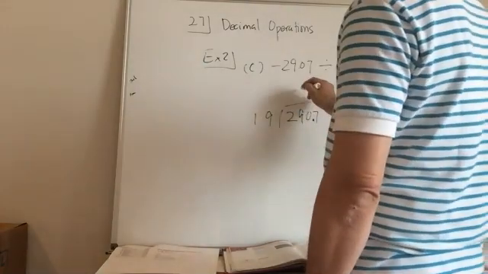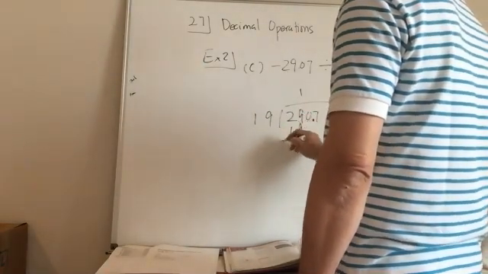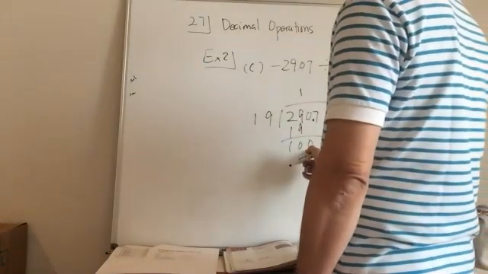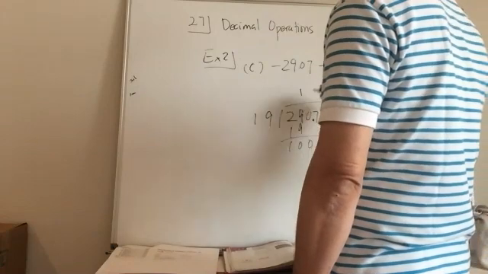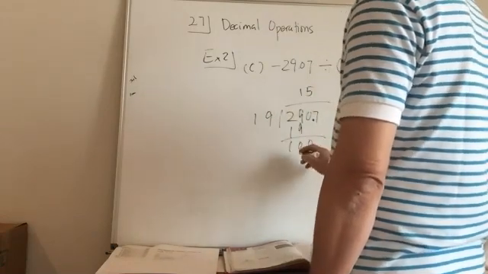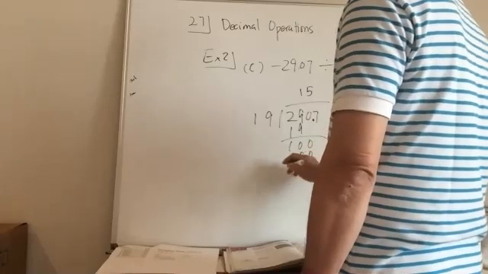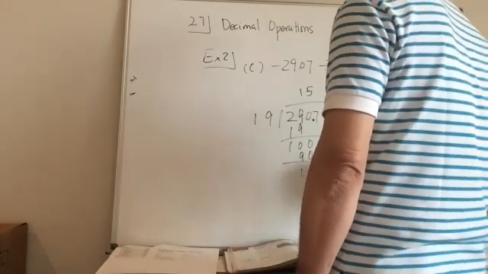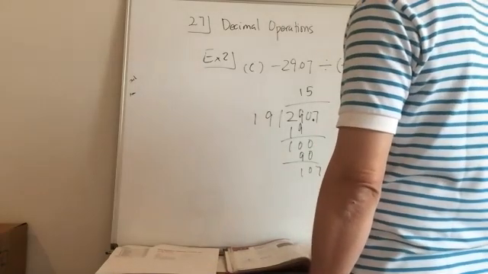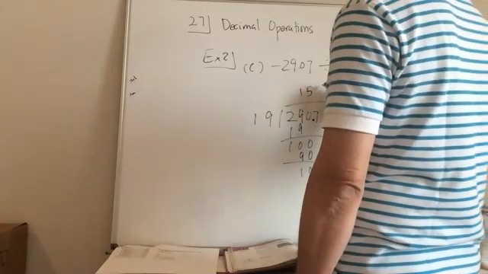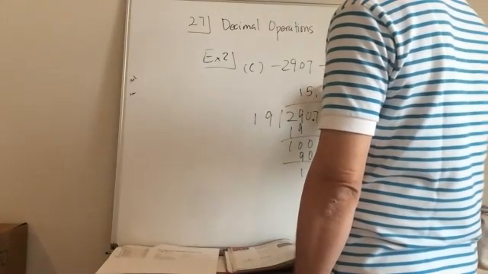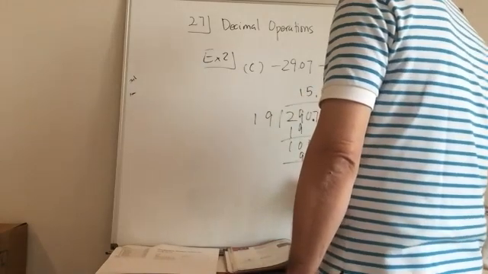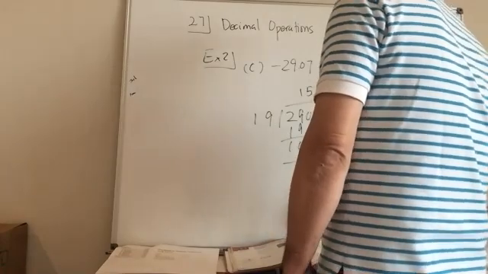We have that. 19 goes into here 5 times, so it's going to be 90, 170, and on and on.